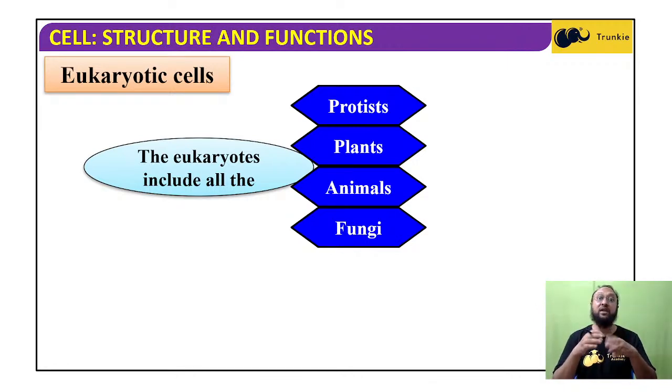But in eukaryotic, all the green plants, all the fungi, all the animals, and the protists, including protozoans and single-celled organisms like amoeba, paramecium, plasmodium, are eukaryotic cells. So the eukaryotic cells include all the protists, plants, animals, and fungi.